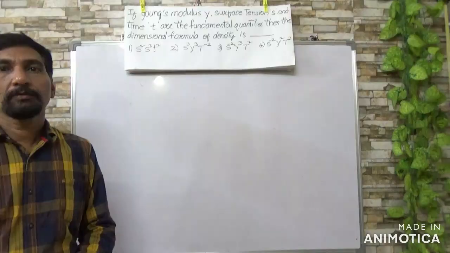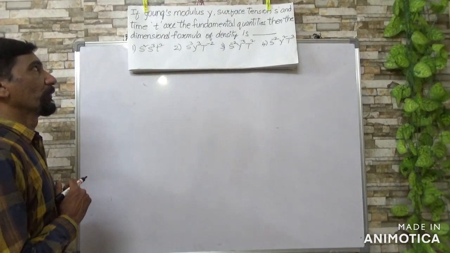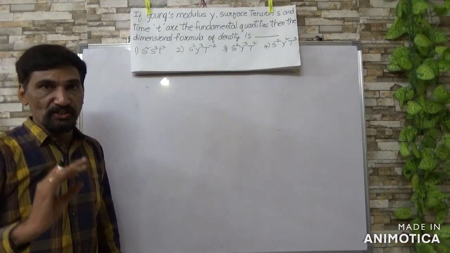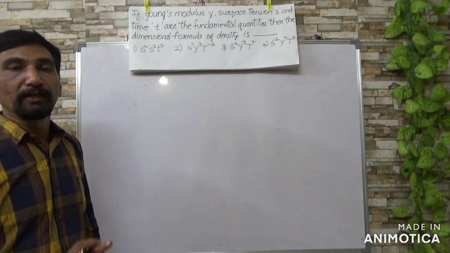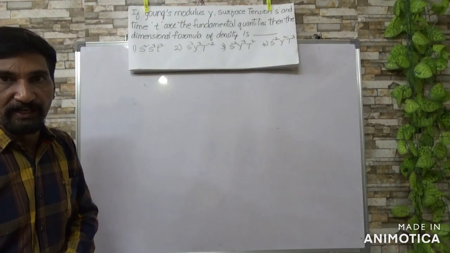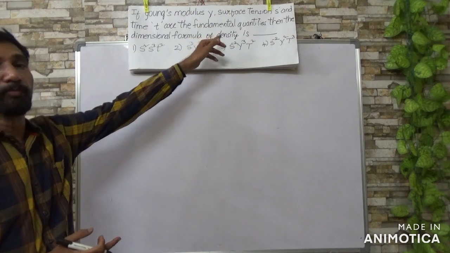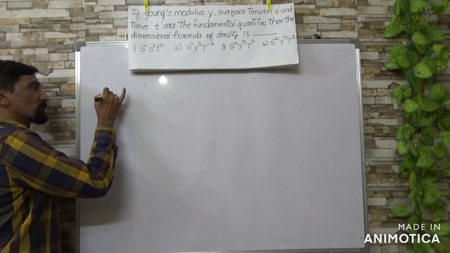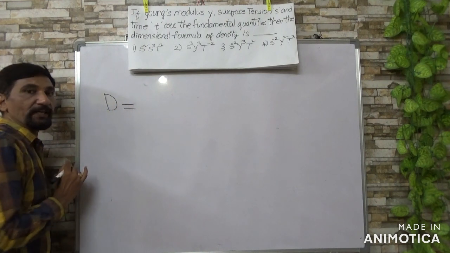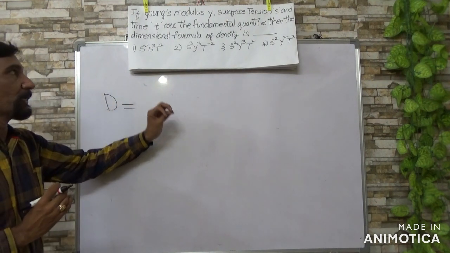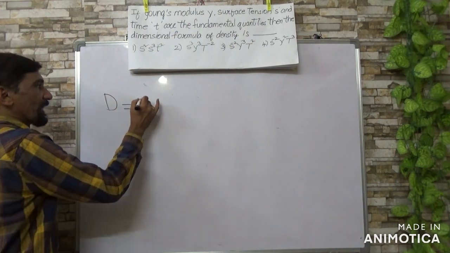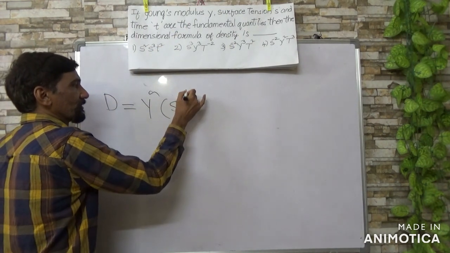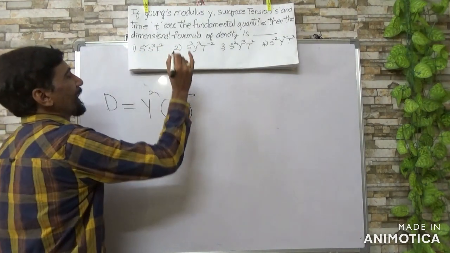Now about the given problem. Young's modulus, surface tension and time are taken as fundamental quantities. So you want to find the formula for density. Like the previous problem, here you have been given density, so density must be represented in terms of Young's modulus, surface tension and time.